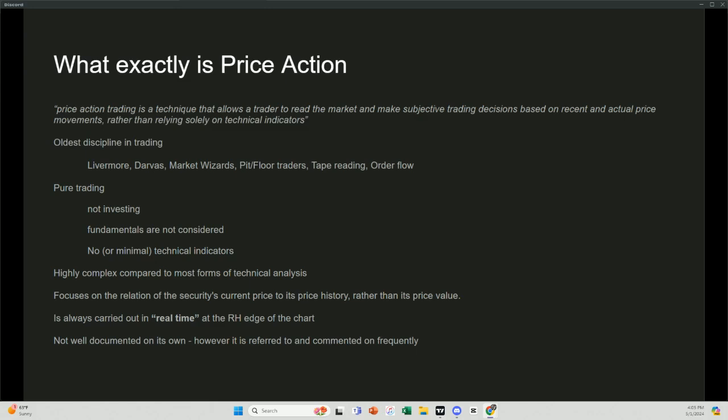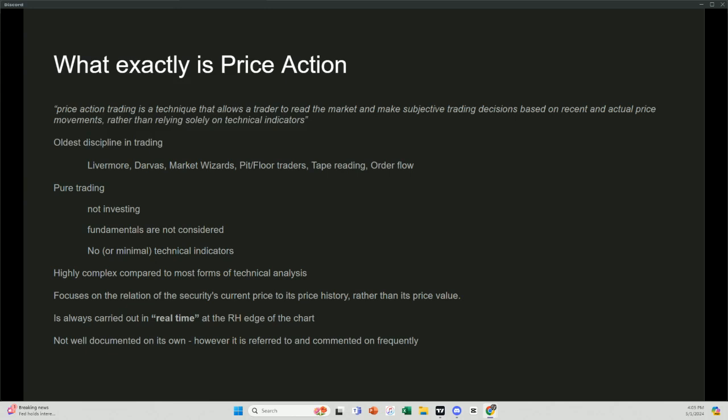So they relied purely on price action, and it's the groundbreaking work that they did that has made it what it is today. You also find most of the technical indicators we use today are based around price action concepts as well. It is pure trading. It's not investing. It's not for the longer term type stuff.